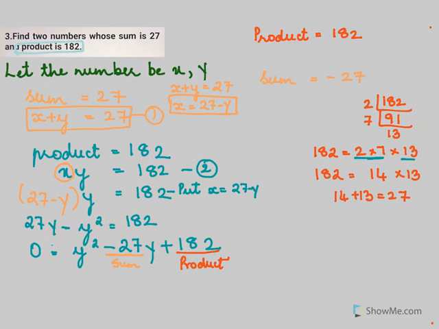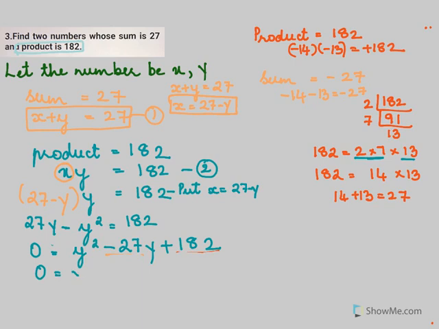So for the product we will write, for the sum we will write now minus 14 minus 13, and that gives us minus 27. And here again minus 14 into minus 13 equals plus 182.